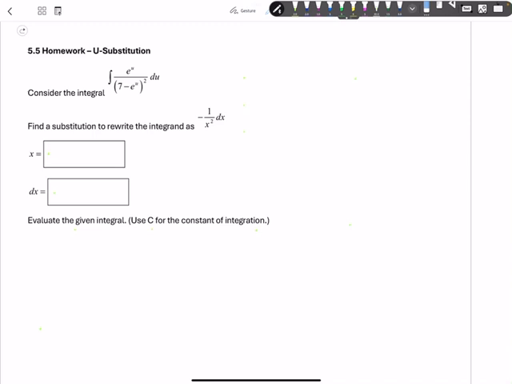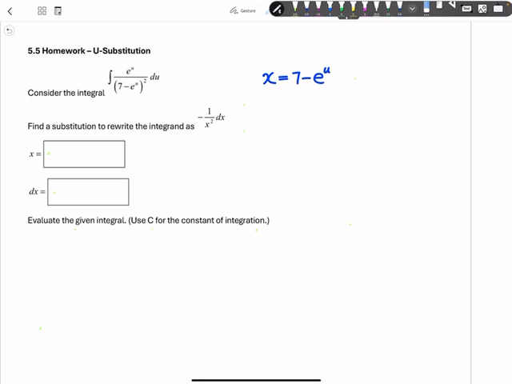And first, we're asked to find a substitution to rewrite the integrand as negative 1 over x squared dx. So I'm going to go ahead and start by giving my x value as 7 minus e to the u. And note that you always want to let u be equal to the inside of your composite function, if that is available. All right?